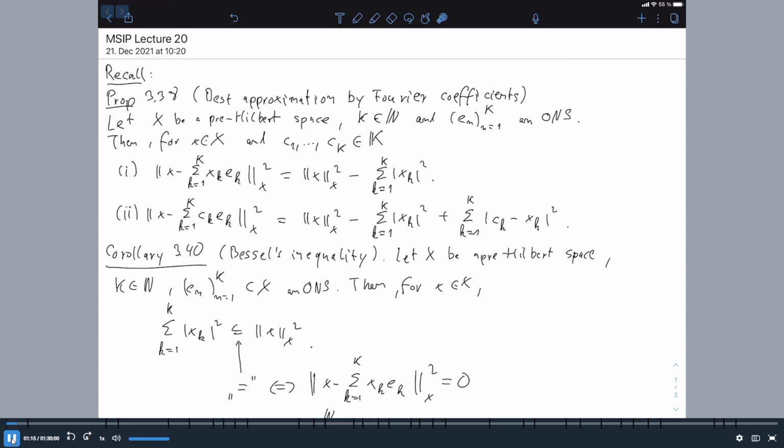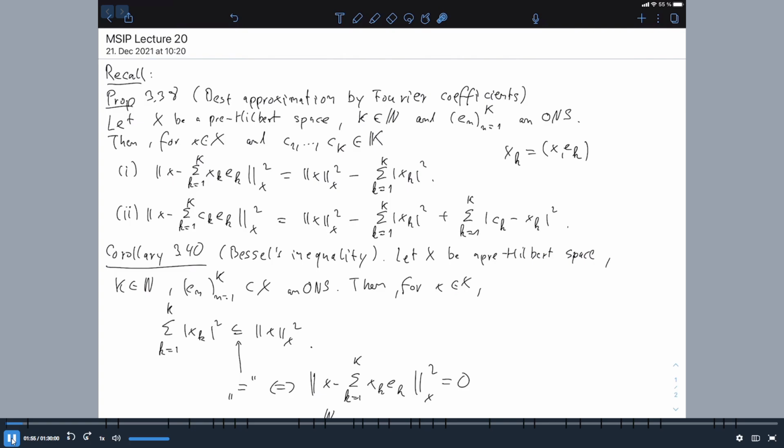So if you compare any element in our vector space with this linear combination of elements in our orthonormal system, and these xk are the Fourier coefficients, so xk is the scalar product of x and ek, then we get this representation for the error that we are making with this approximation.